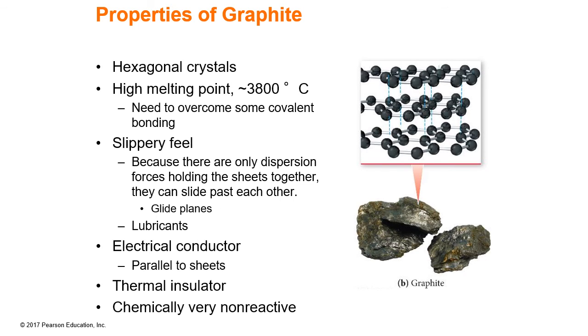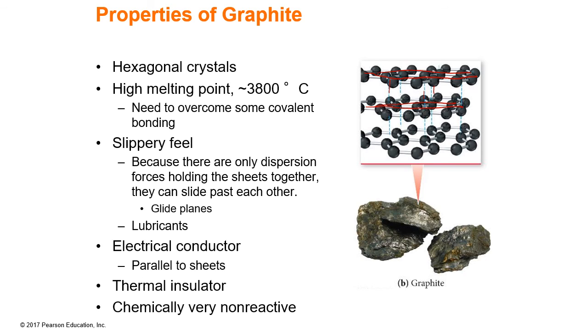Another type of crystal structure is graphite. And again, this is just carbon, but now we have hexagonal crystals as opposed to those tetrahedral crystals. Again, this has a very high melting point, but notice that our properties have changed. Because those crystal structures lay in flat sheets, so we have carbon in flat sheets, but then there's only intermolecular forces, just dispersion forces holding the sheets together.